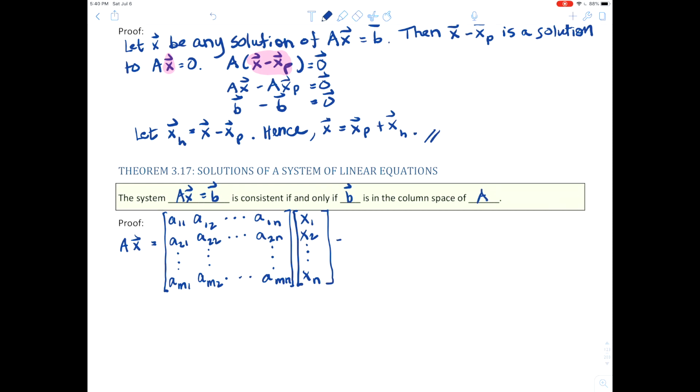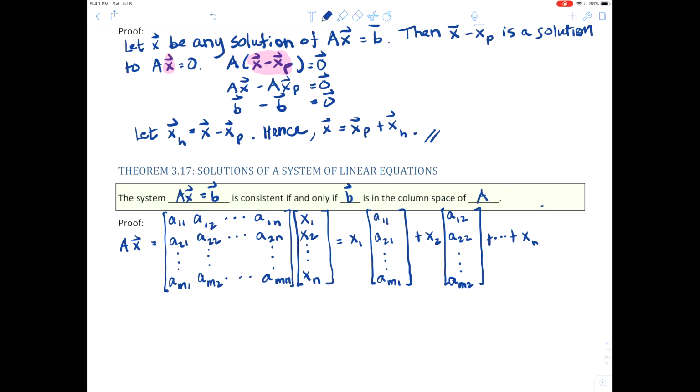Well, what is this equal to? Isn't this equal to x1 times the first column of coefficients, so a11, a21, all the way down to am1, plus x2 times a12, a22, all the way down to am2, and it would keep going in this fashion until we got to xn times a1n, a2n, all the way down to amn.